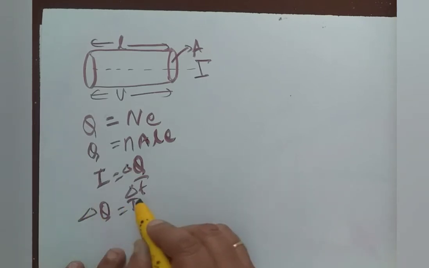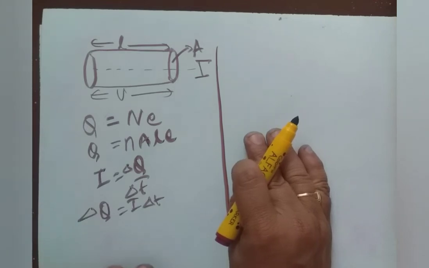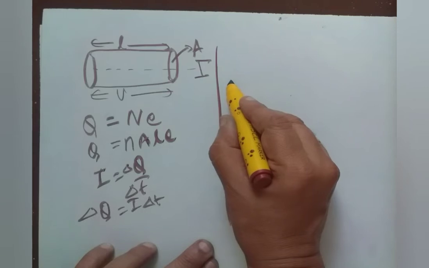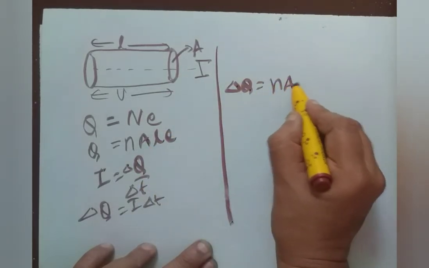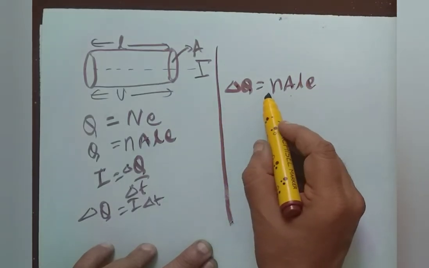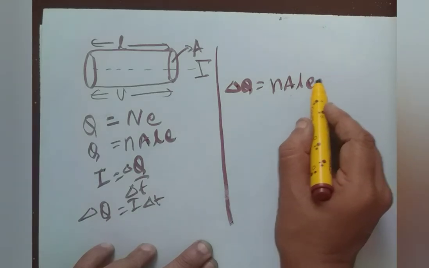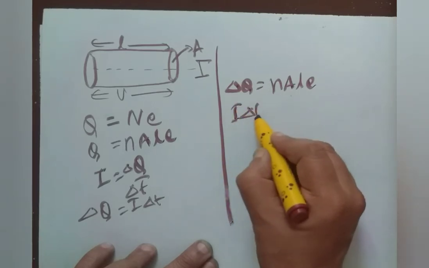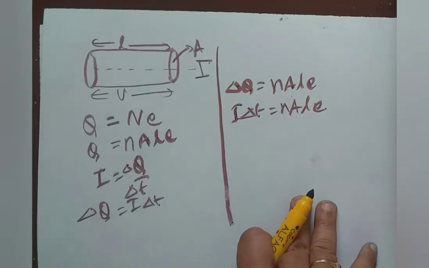So delta Q is written as I delta T. Therefore, in any time delta T, the amount of charge passing through this volume of the conductor can be written as N A L e. N A L e is delta Q. Therefore, I delta T equals N A L e is the charge passing there.